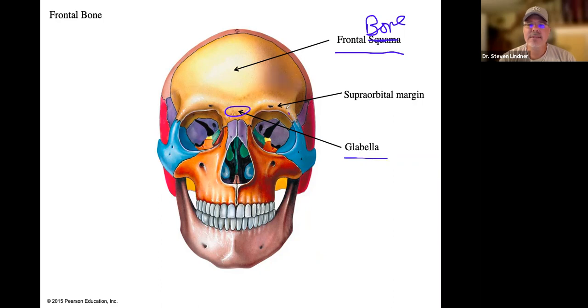And then this here is the supraorbital margin, supra meaning above the orbit, or supraorbital ridge. I like to call it the supraorbital ridge. Okay.